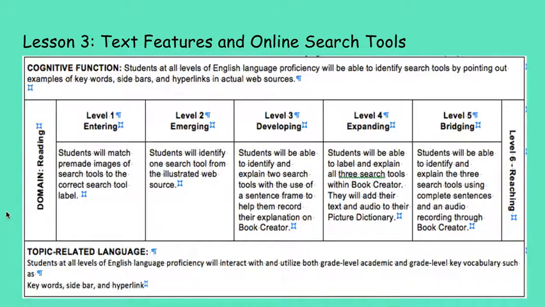Now if we go all the way up to level 5, as you can see, students will be able to identify and explain all of the search tools using complete sentences, putting their audio on Book Creator. So it's just a matter of how we can modify. Obviously, if they are ready to do more, then I can move them up a level if that's what they're showing me. If not, then they're still successful at the level that they're at that time.